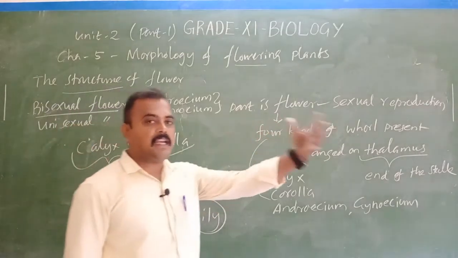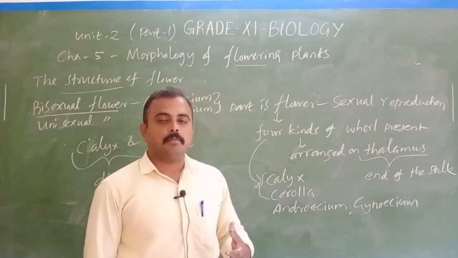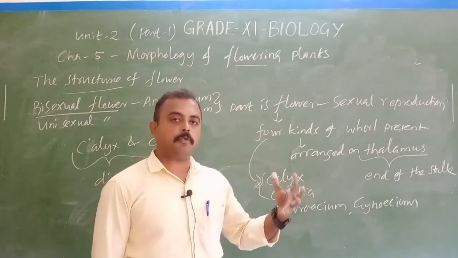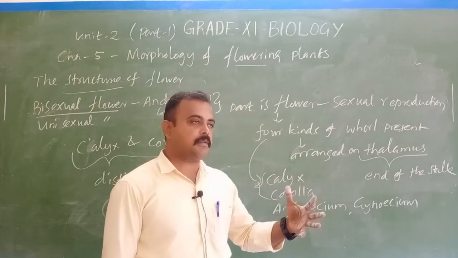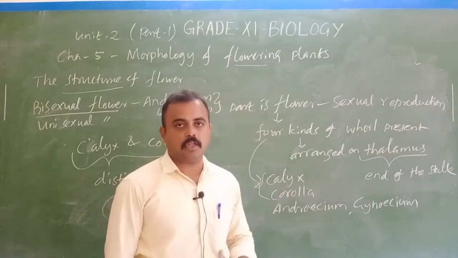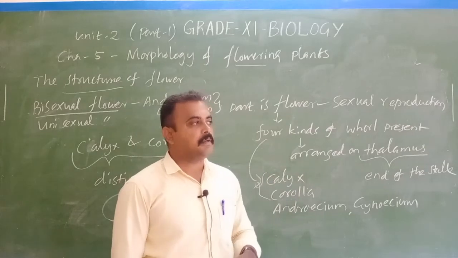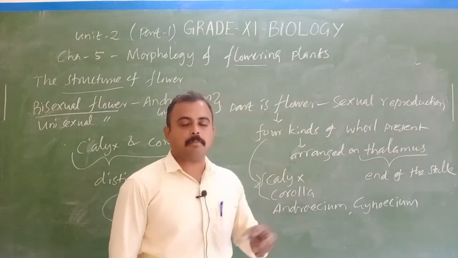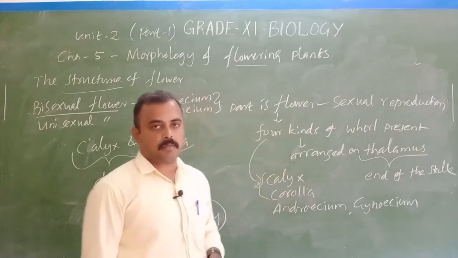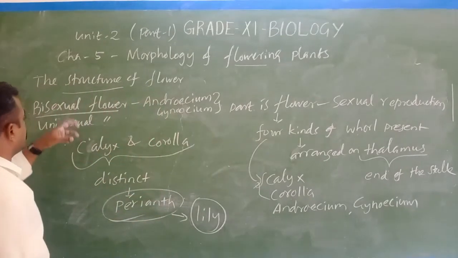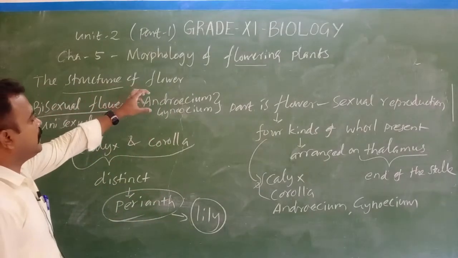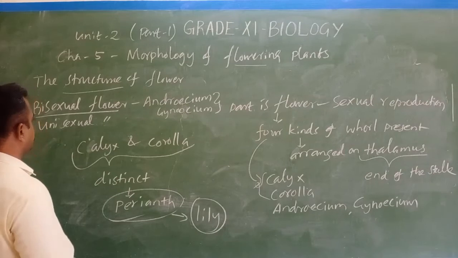In animals, if both male and female reproductive parts are present, it is hermaphrodite. Example earthworm. Earthworm is hermaphrodite. That means it possesses male and female reproductive parts. Here the bisexual flower has androecium and gynoecium.